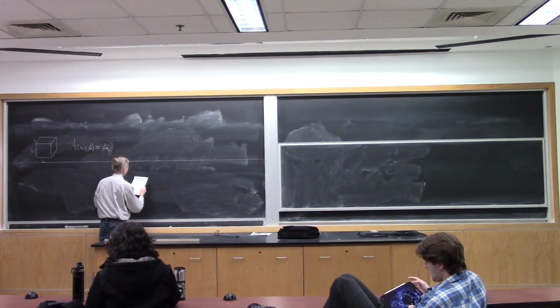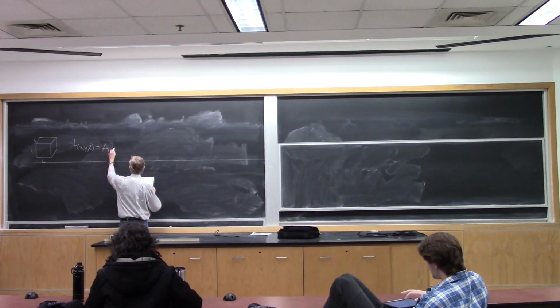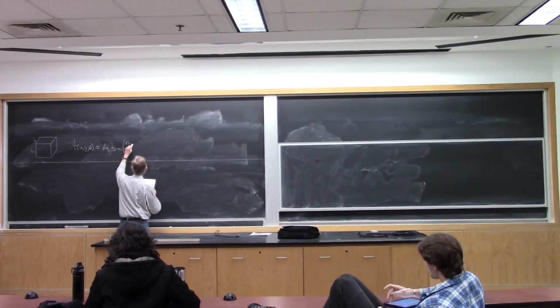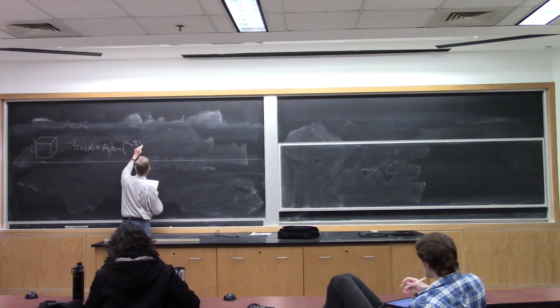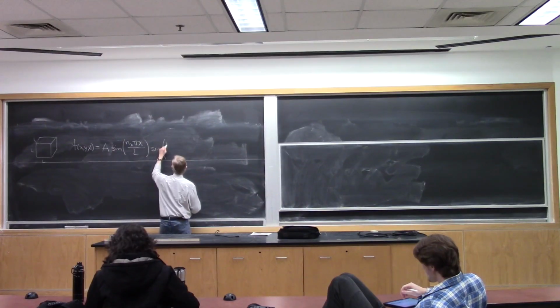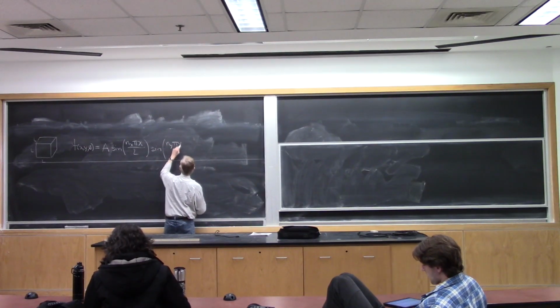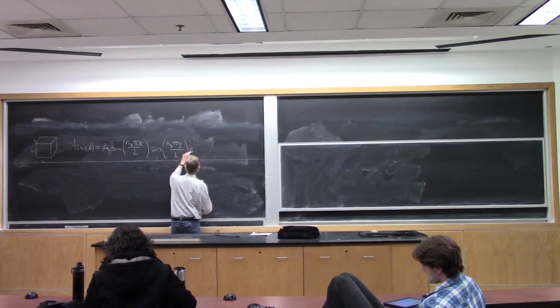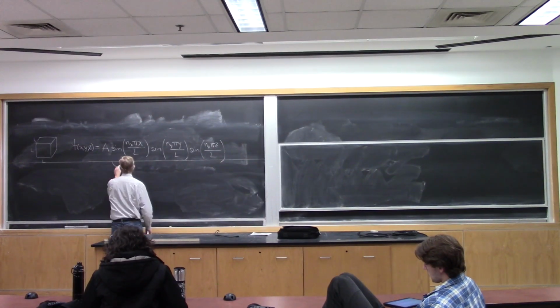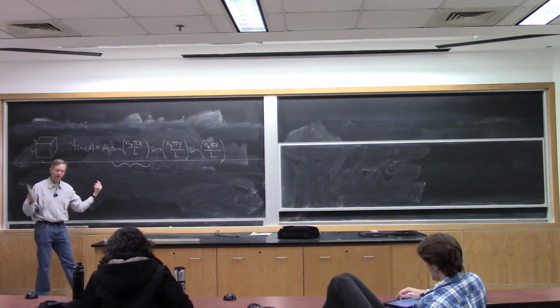There's a normalization constant, which is not really going to be too important to us, times sine of n sub x pi x over L, sine of n sub y pi y over L, times sine of n sub z pi z over L. So it's a product of three one-dimensional infinite square well wave functions.